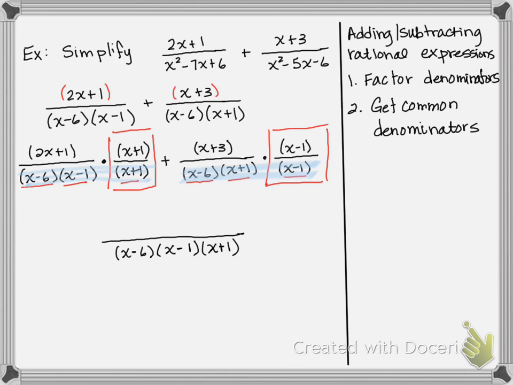You have to multiply by a factor of 1. Right. Even if we know what the denominator is going to be, we still have to take the entire fraction into account when we get a common denominator. Right. I'm with you. Okay.